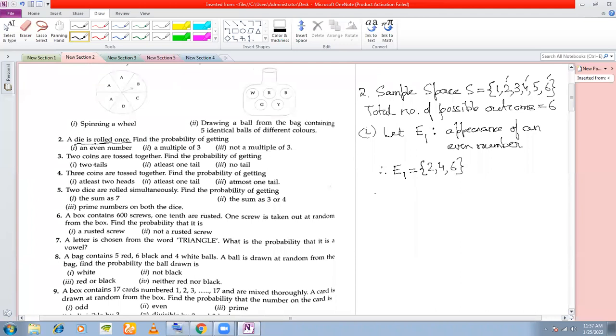This is my event. The number of outcomes favorable to the event E1 is how many? How many elements in this set? 3. So now we'll write the probability of E1, or you can also write the probability of appearance of an even number.